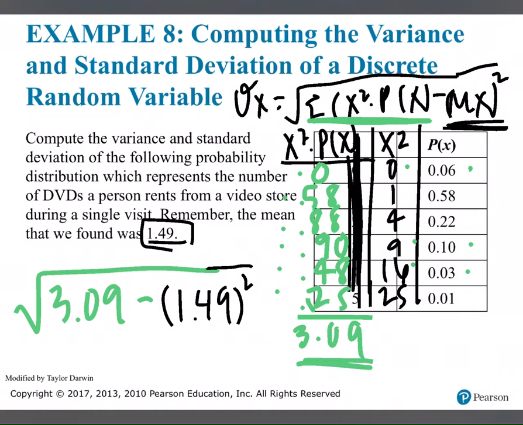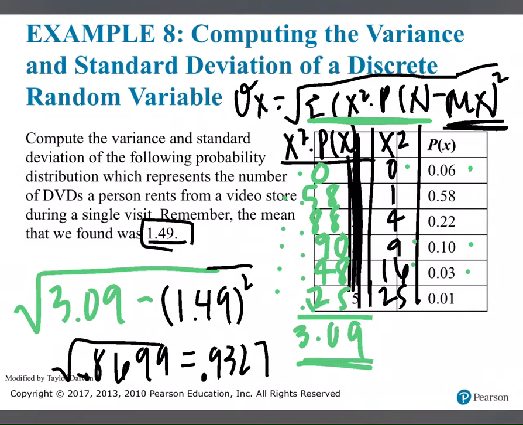So if you do that, you should get the square root of 0.8699. This number, before you square root it, is actually your variance. So my variance is 0.8699. And then when I end up square rooting it, I get 0.9327.